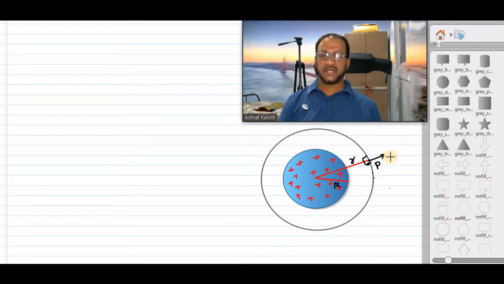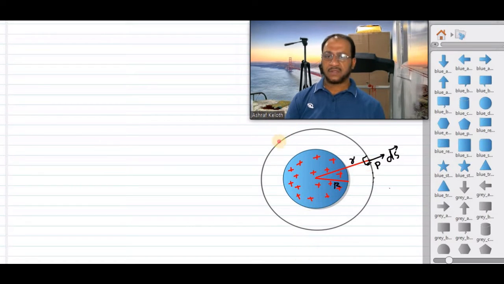What will be the direction of the electric field intensity on this imaginary Gaussian surface? Because the shell is uniformly positively charged, the field lines will pass radially outward.